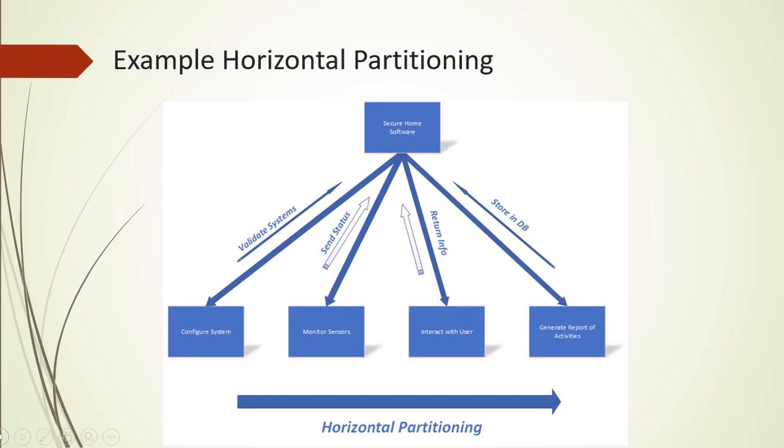And the set of actions for these are given. The configuration system's purpose is to validate the system. The monitor sensor function is to send the status to the secure home software, and interact with the user returns information to the user about the system. So this is the horizontal partitioning.